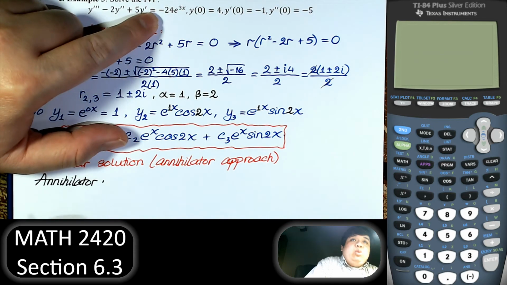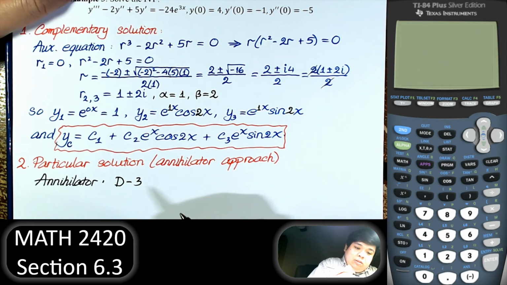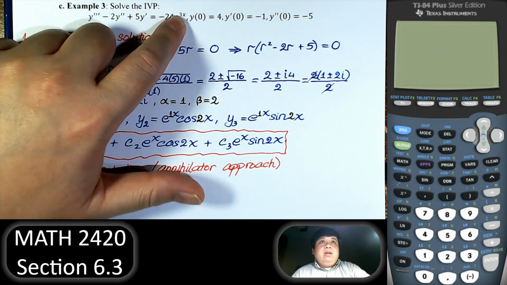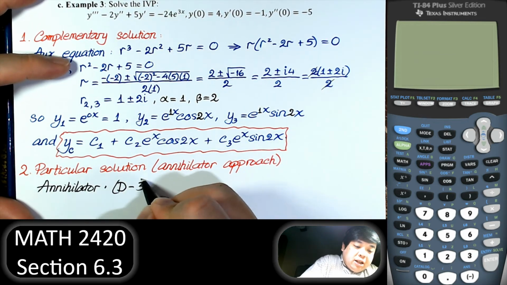To annihilate that, we will have d minus 3. That's it. Yeah, d minus the coefficient of the exponent. Right, so that's pretty much this.